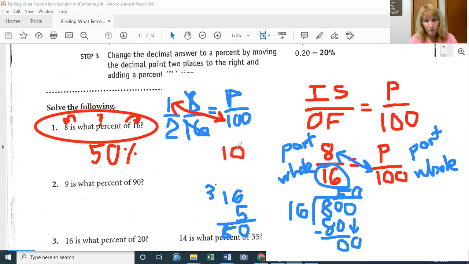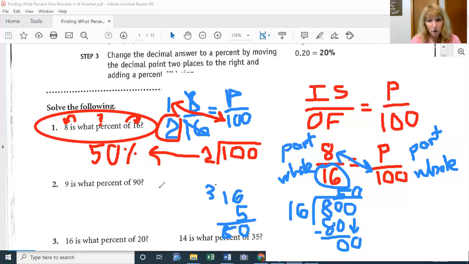That's 100. And then you divide by the number that's left, and now it's a 2. So now it's super easy to divide 100 by 2, and that would give you your 50%. So I always say reduce it first, then cross multiply and divide. But I wanted to show you that it came out the same either way.